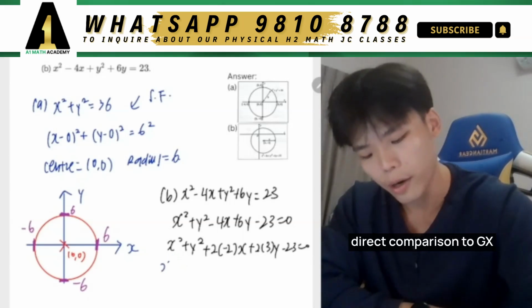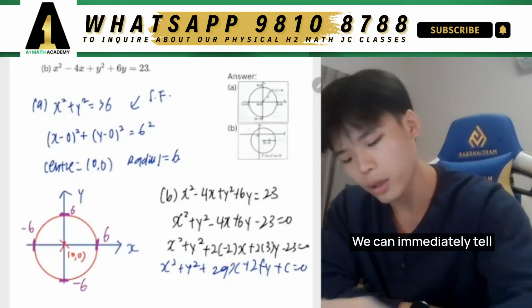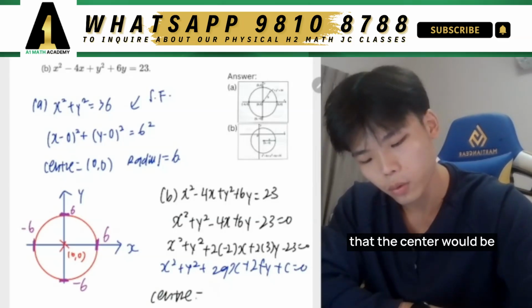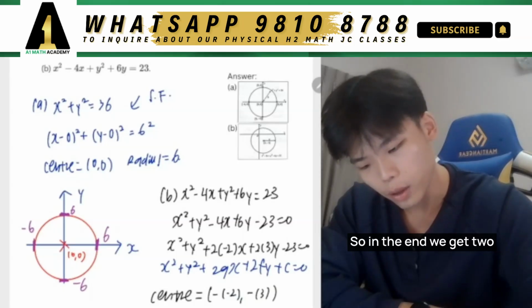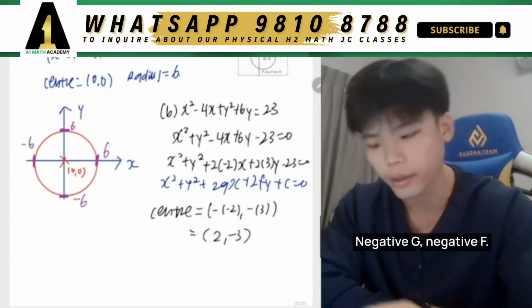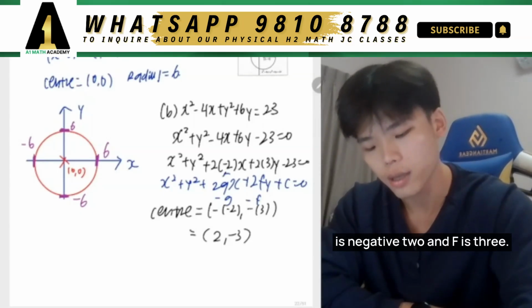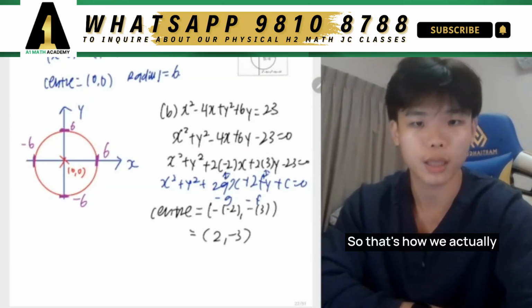Over here we can do a direct comparison with 2gx + 2fy + c = 0. We can immediately tell that the center would be (2, −3). Negative g, negative f, remember? We compare: g is −2 and f is 3. So that's how we derive this.